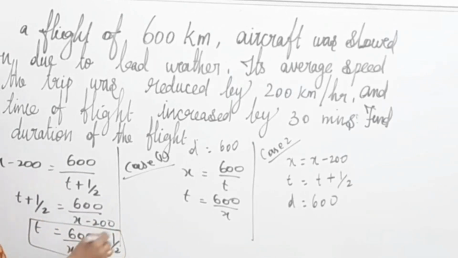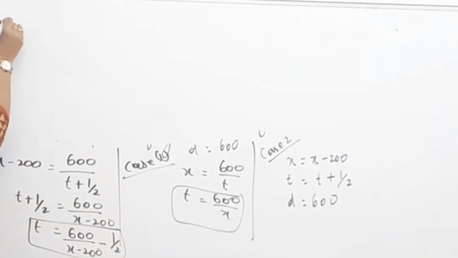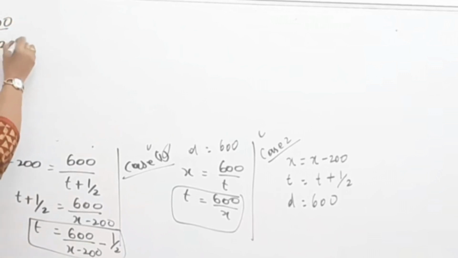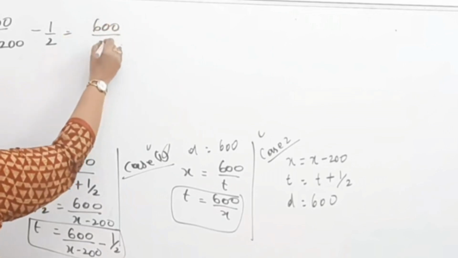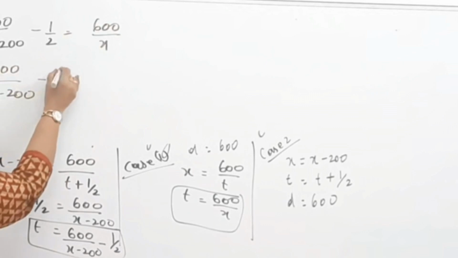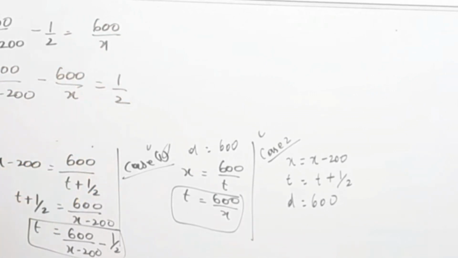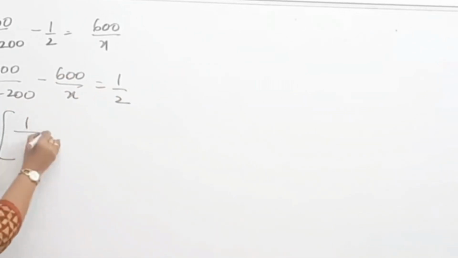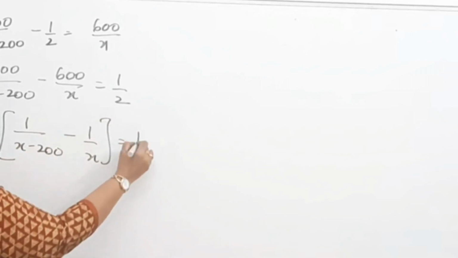So I get my two equations. I'll equate both the equations: 600/(x − 200) − 1/2 = 600/x. So I bring it on one side: 600/(x − 200) − 600/x = 1/2. Now on simplification, 600 taken out: 1/(x − 200) − 1/x = 1/2 × 1/600.